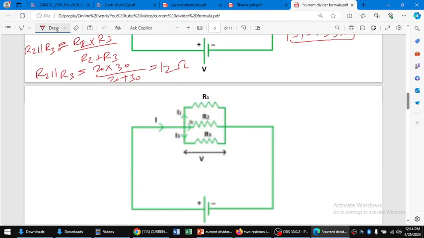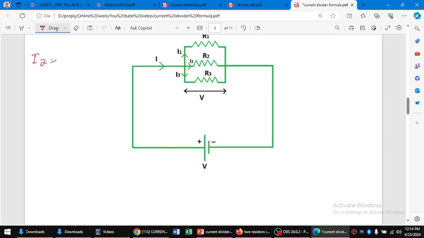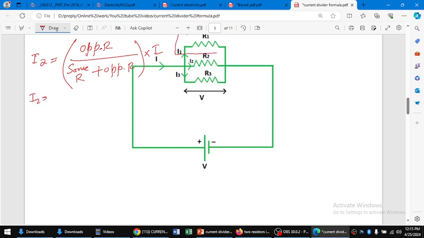So we need the opposite resistance divided by the same resistance in which the current is flowing, plus the opposite branch resistance, and we multiply with the total current I. So for I2, we need the current through R2, so we use the opposite resistance R1 parallel R3, divided by the same resistance R2, plus R1 parallel R3, multiplied with the source current I.